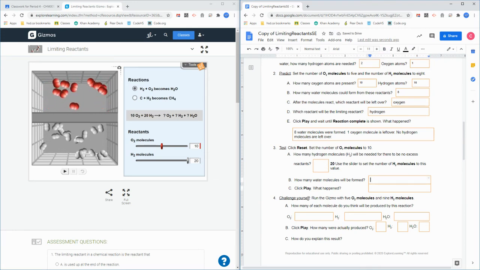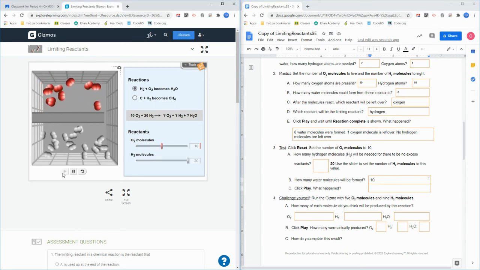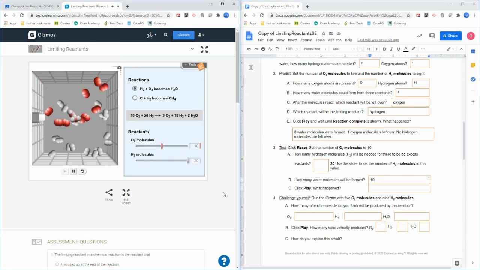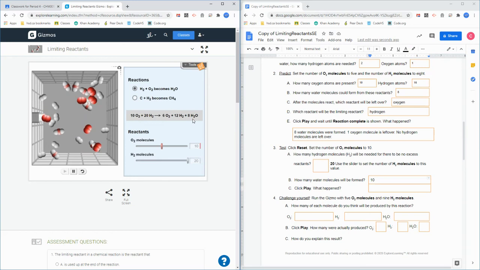Anyways, how many water molecules will be formed? I'm thinking there'll be 10 because there are 10 oxygen molecules. Click play. What happened? Let them mix. You can actually see them going down, the reactants and water being formed.